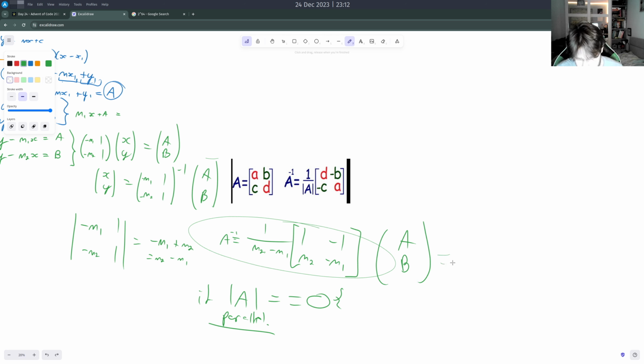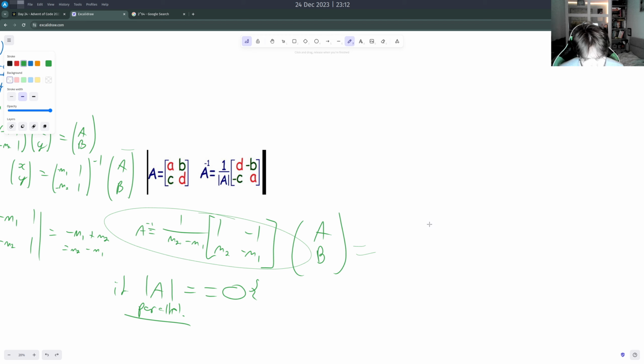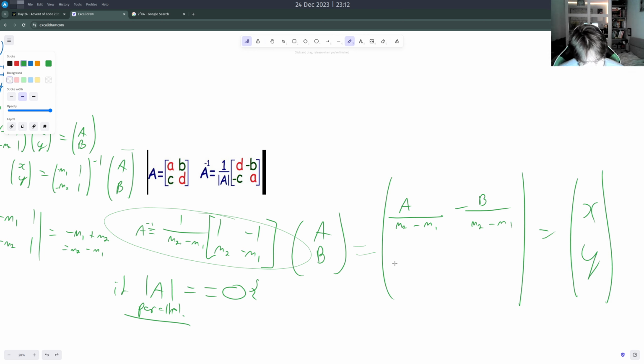AB, which is equal to A over m2 minus m1, minus B over m2 minus m1, x, y, and over here at the bottom, so we did that, and then we're going to do A m2 over m2 minus m1, yep, minus B m1, yeah, minus because of that, m2 minus m1.